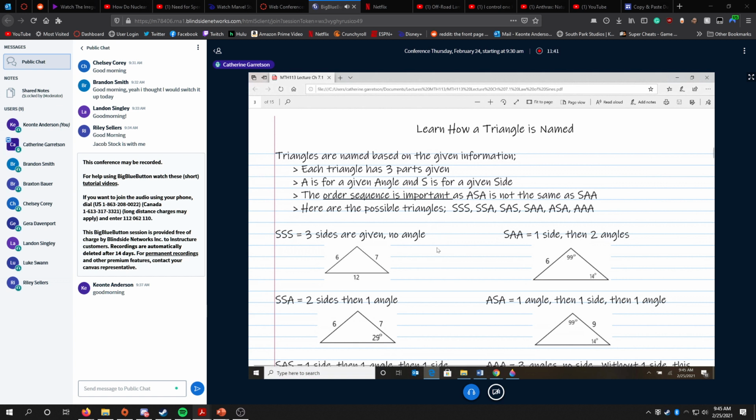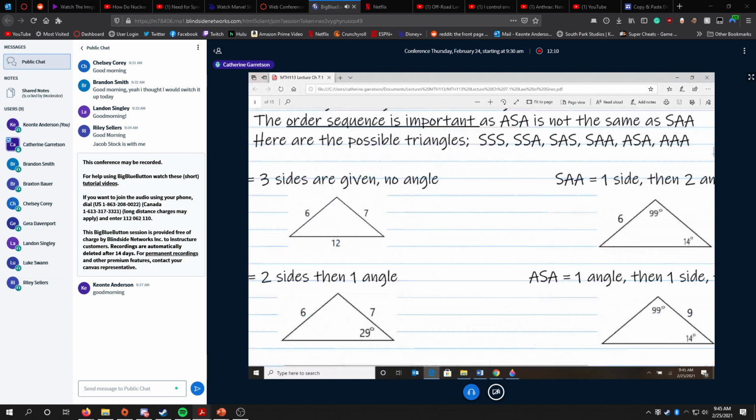So let's go over each one, and the sequence of how it's listed is important because like here, this has 2 angles and a side, and this has 2 angles and a side, but they're not the same because the position of the angles to the side is not the same in this triangle as it is in that triangle. So having said that, let's look at each example.